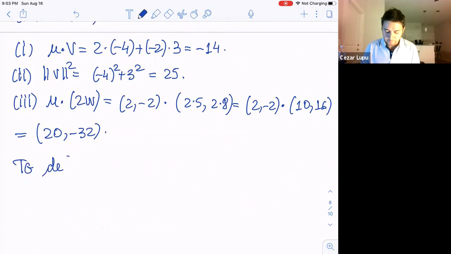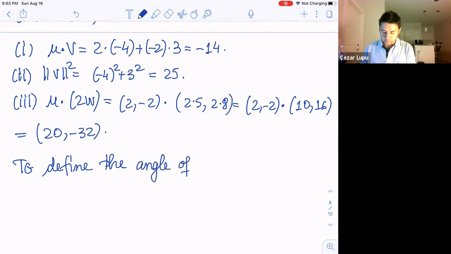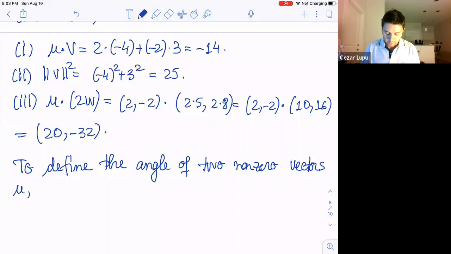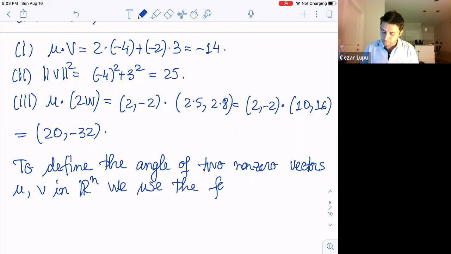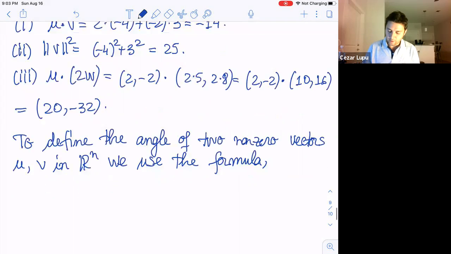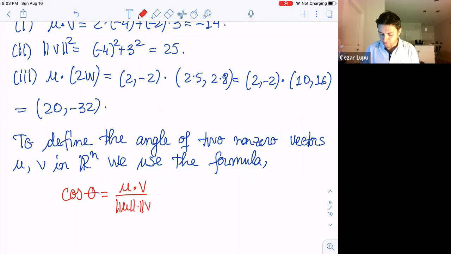To define the angle of two non-zero vectors u and v in Rn, we use the formula from R2. The cosine of theta will be nothing else than u dot v over the magnitude of u times the magnitude of v. That's the formula that you see here.